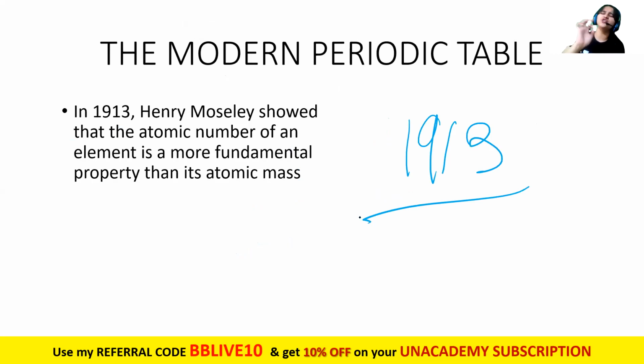And he just changed one thing, guys, and the whole face of the periodic table was changed. What Döbereiner, Newlands, and Mendeleev did was consider atomic mass as a fundamental property. And they arranged the elements according to increasing atomic masses. Nobody ever thought about what Henry did.